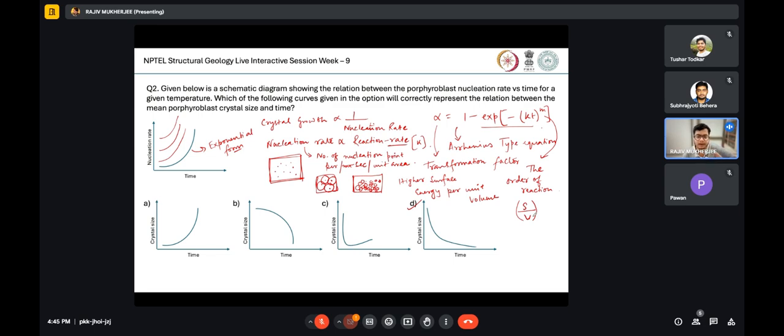Diffusive mass transfer, dissolution precipitation creep, all these kinds of things will be more if you have higher surface area compared to the volume. But larger crystals or equidimensional crystals have an equivalent surface area compared to their volume. That is why we call them equidimensional crystals and euhedral crystals, because they are stable. Why?